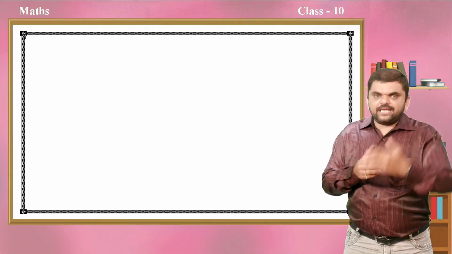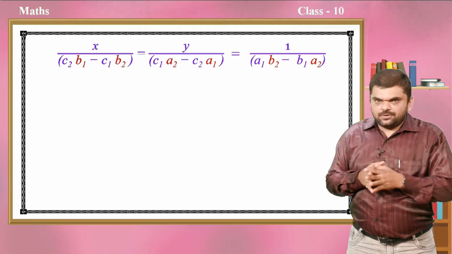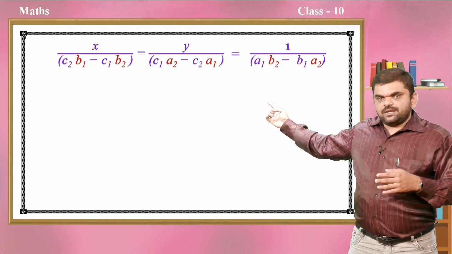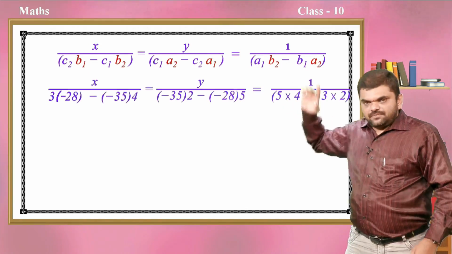So we will get like this: x by c2 b1 minus c1 b2 is equal to y by c1 a2 minus c2 a1 is equal to 1 over a1 b2 minus b1 a2.